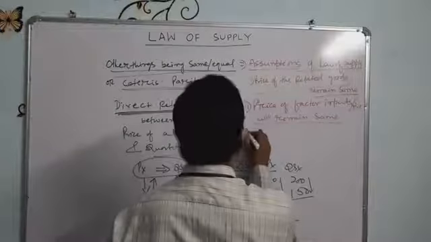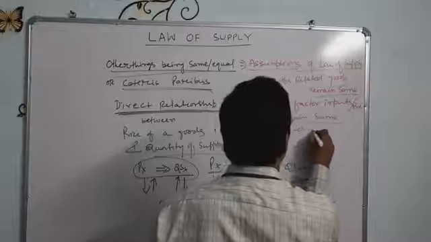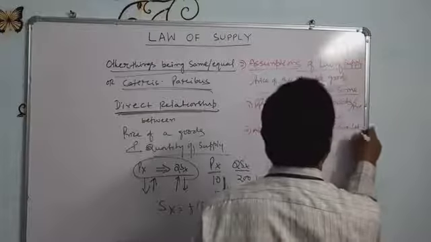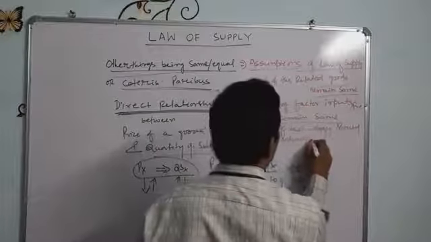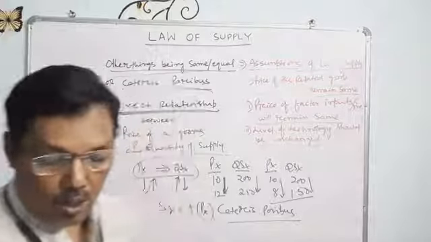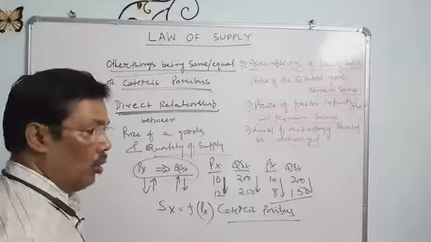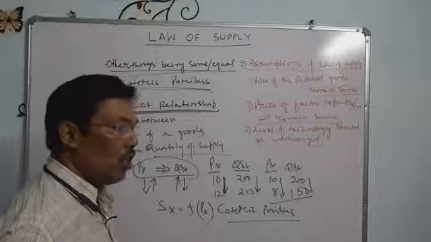Third point, the level of technology should be unchanged. And what is the objective of a producer or a farmer?